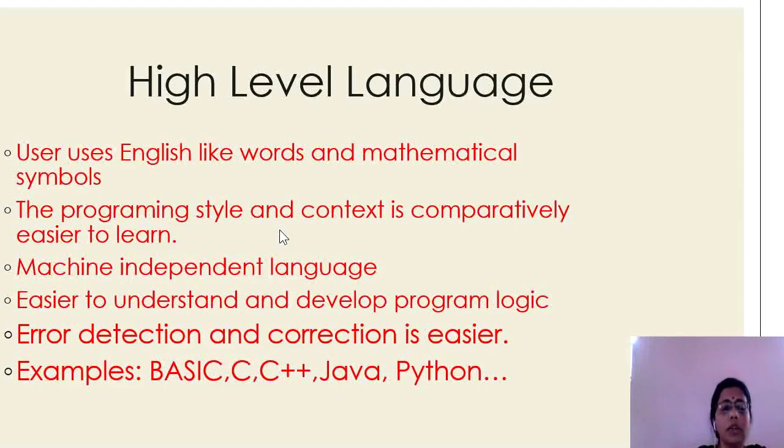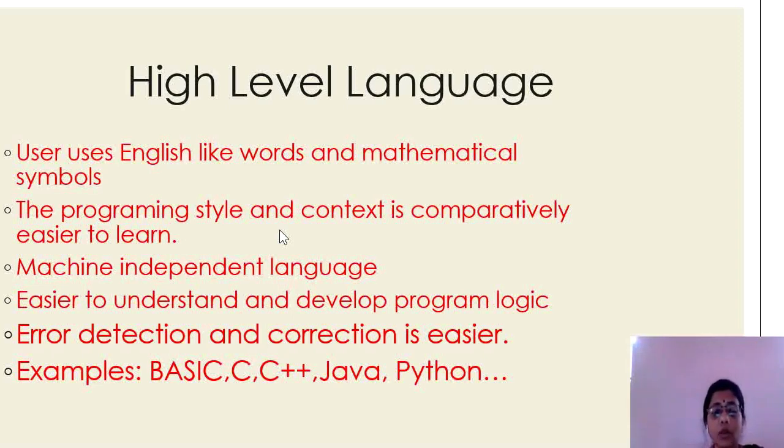And one more disadvantage we learned in low-level language was that it was a machine dependent language, meaning wherever you wrote it, it had to be run on the same type of machines. But here in high-level language, you write the code and this code could be run on any type of machine. That is why we call it a machine independent language.